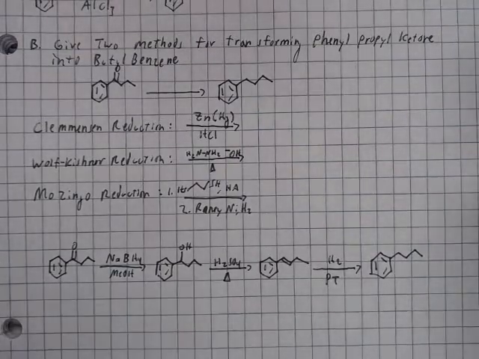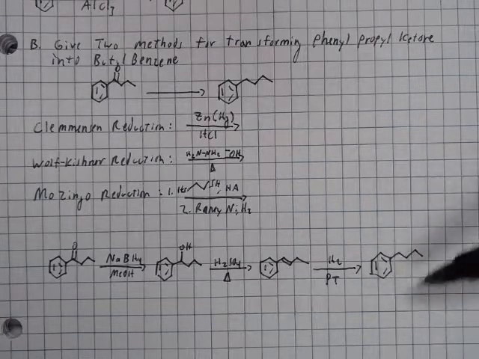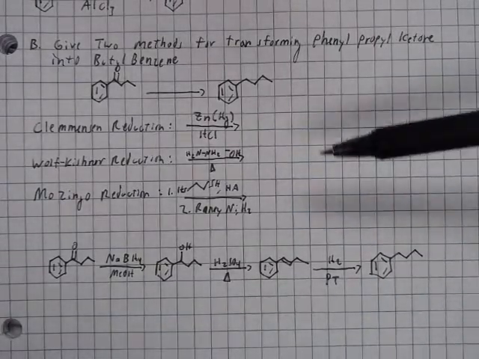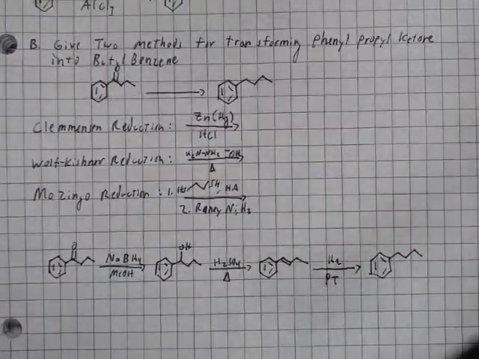So it's a little more complicated way, more steps are involved in order to produce the butylbenzene. But you can see that there are several methods for achieving this reaction.